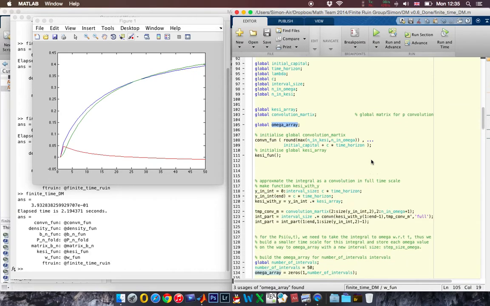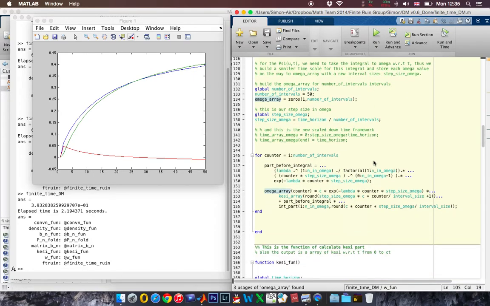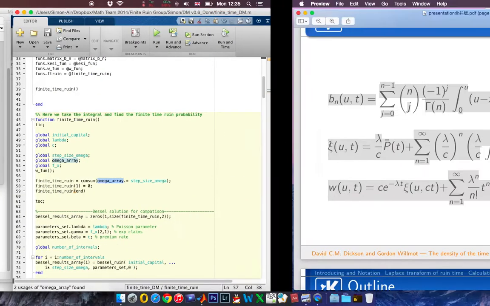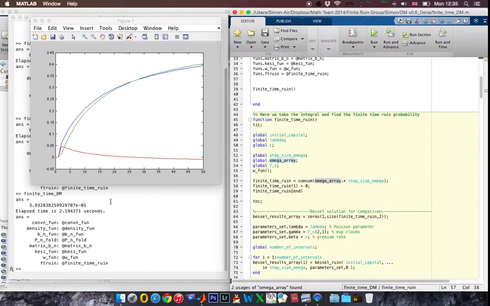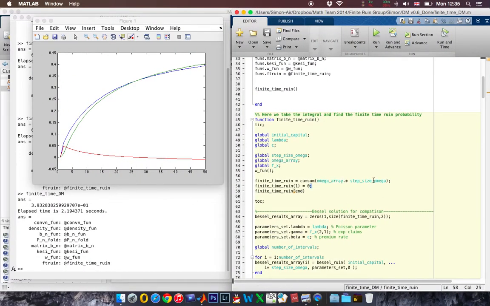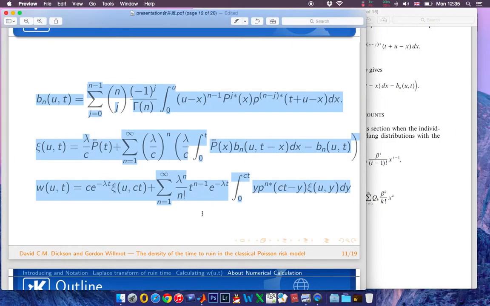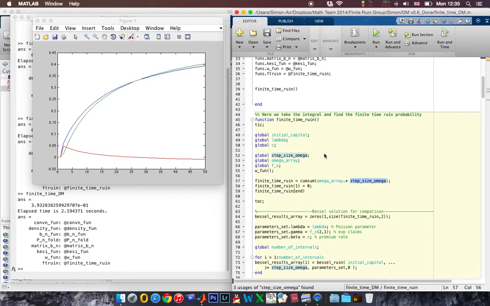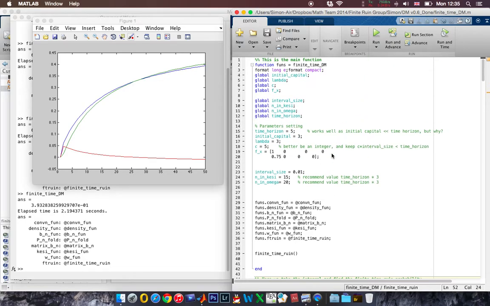So if I have a look at where we take the integrals, it's just a cumsum of our omega array, which is the w value we calculated, times the step size. Because in the last step, when we approximate the integral of w with respect to t, I choose a different interval size than the one we used throughout the program.